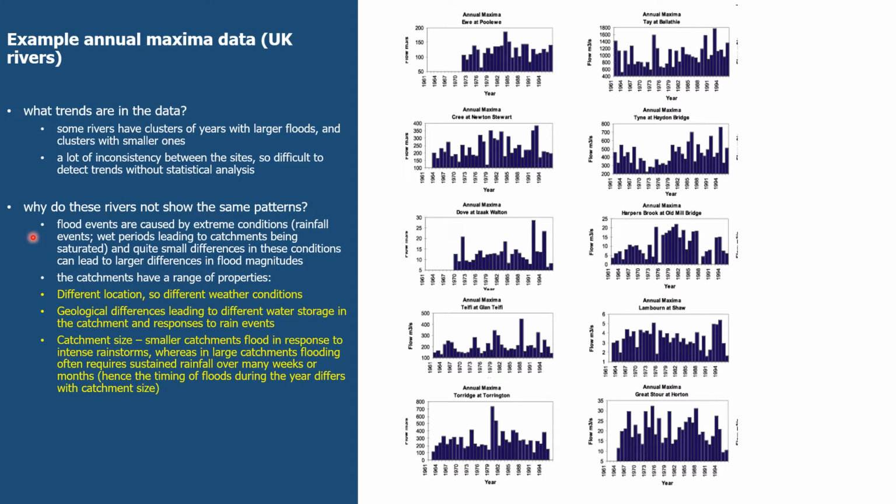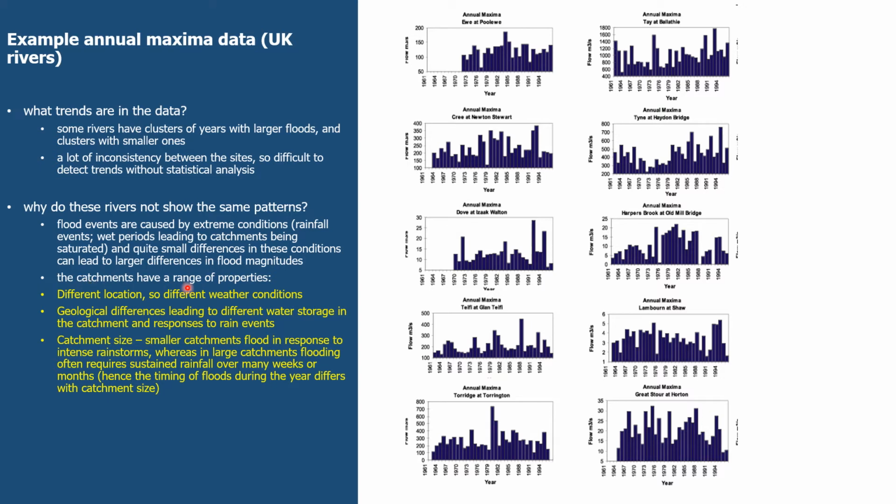They can make the difference between a flood being, in this case, for example, 200 or 300 cubic meters per second. And those sorts of differences are the result of apparently quite small differences in the conditions, either of the rainfall event or of the catchment before the rain falls.